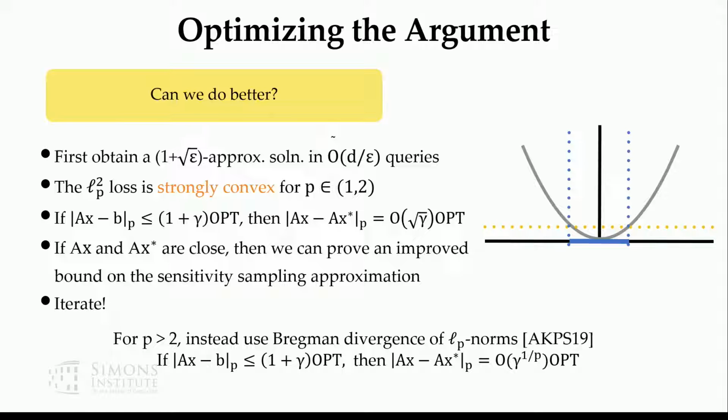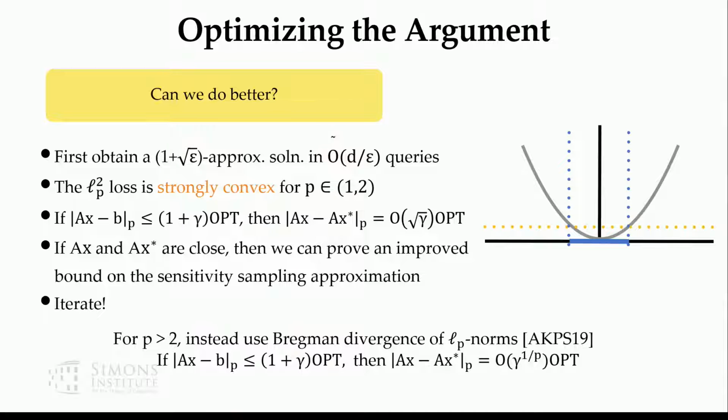I do want to mention, before I formally mention the recurrence, that this is also how we obtain the improvements for p greater than 2. I mentioned that we had this follow-up work that improved these bounds to this bound. We don't have this strong convexity, but instead we use a Bregman divergence of LP norms, by people in this audience: Adil, Rasmus, Richard Peng, and Sushant.